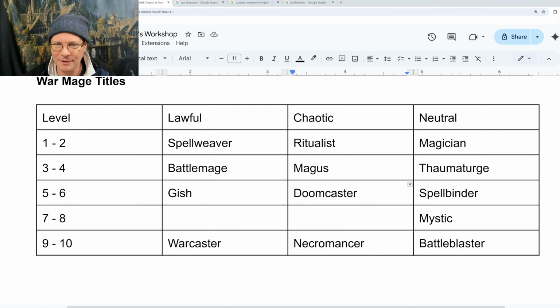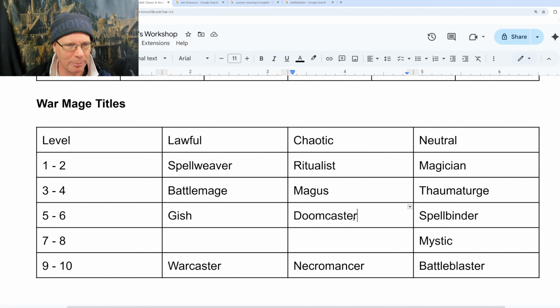So yes, I've added in Doomcaster. I put in the Battle Blaster. I've moved Spellweaver around and so forth. So I've moved some stuff around, added some stuff in. The last two, I'm hoping that I'll go to the toilet and have a big poo and an idea will pop out.